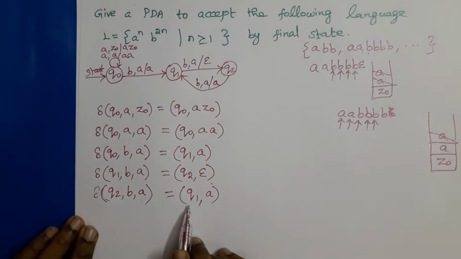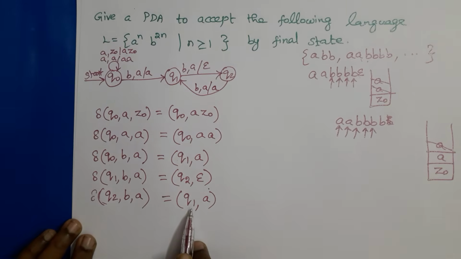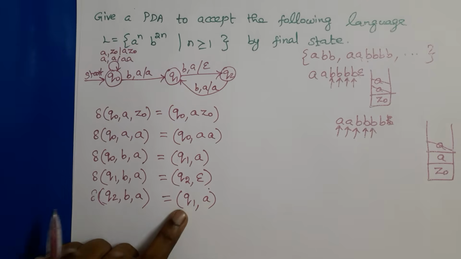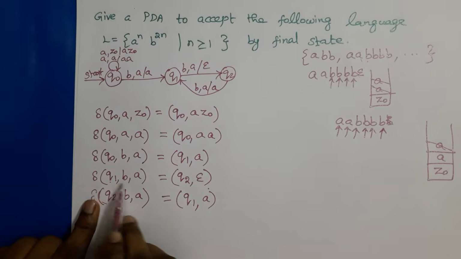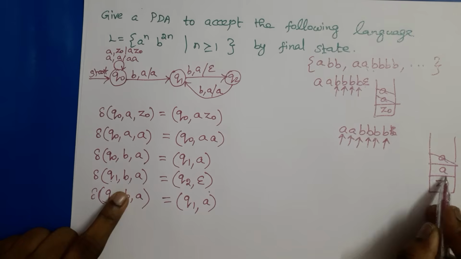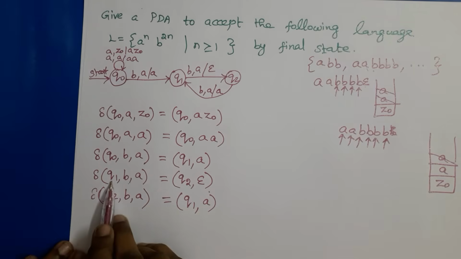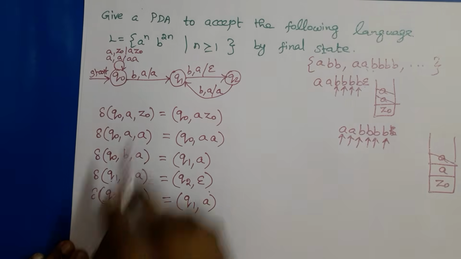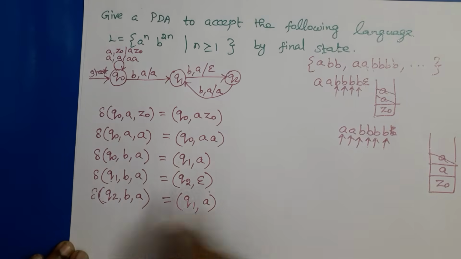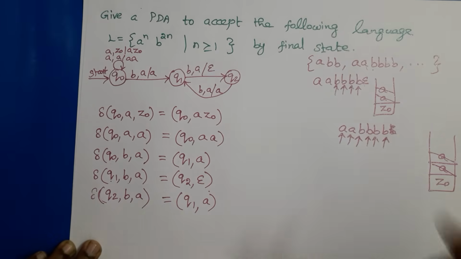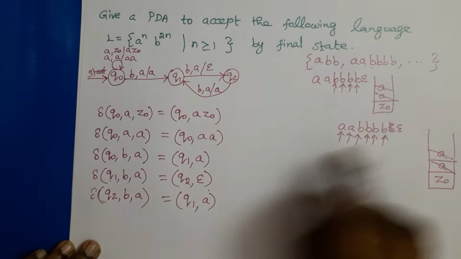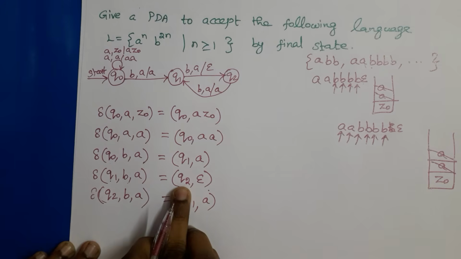Now what is the current state? Q1 is the current state and b is the next input, right? The top of the stack is a. That means we should go to state Q2 and a is popped. So this is performed. Now we are reading epsilon and we are in state Q2, right?